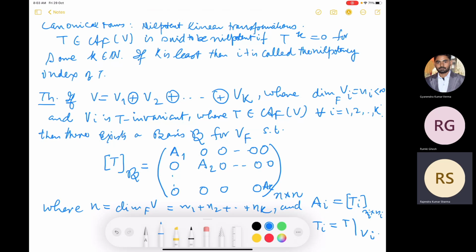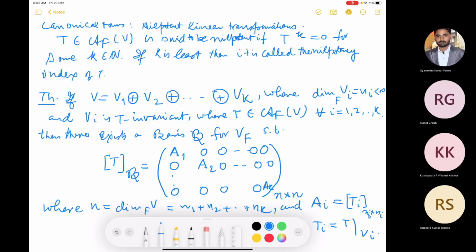Now, the direct sum of these Vi is V. And such a matrix can be obtained, and the sum of the dimensions of Vi is n.